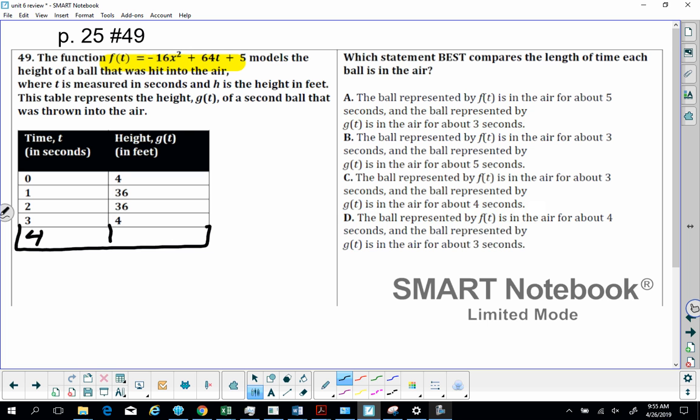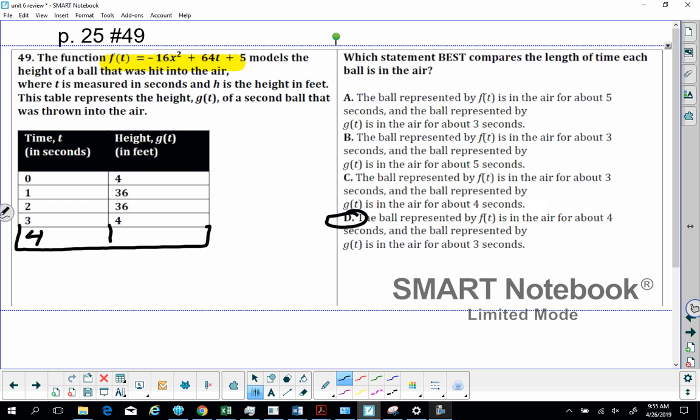Okay, so D. So for that one, it would be D because it's about to hit the ground at 3 seconds for G of t. So we know G of t is in the air for about 3 seconds. And your 0 for F of t, the function that you typed into your table, is at about 4 seconds.